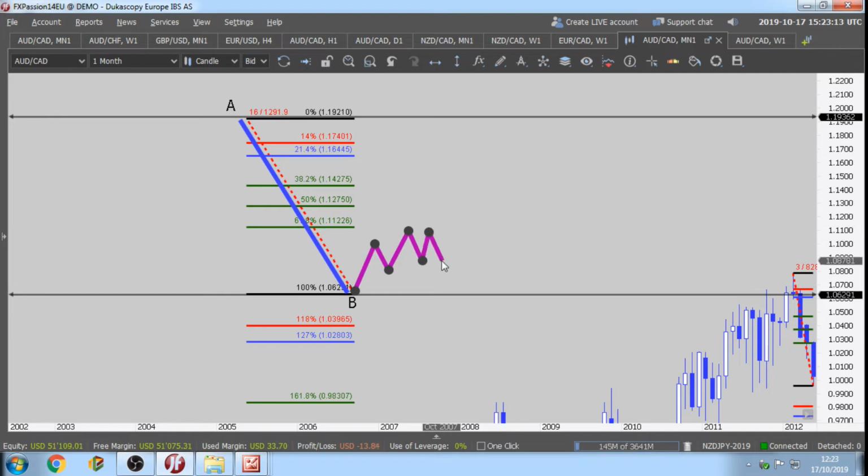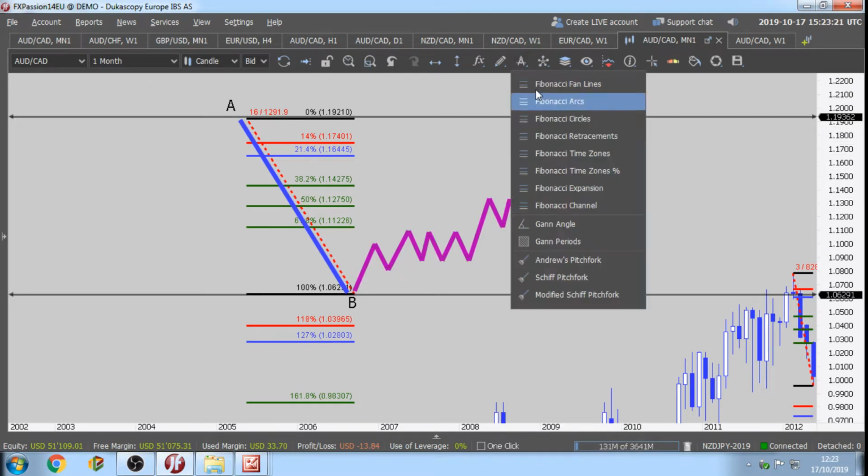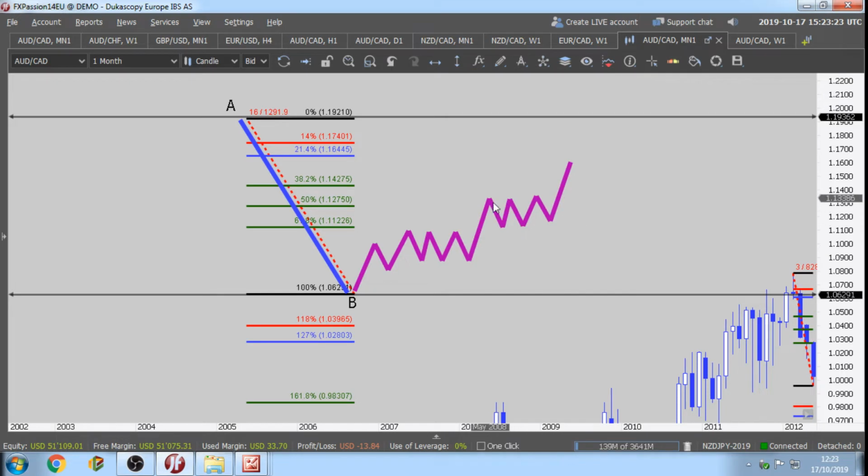Sideways movement, slowly up, sideways movement, slowly up, like this, and you have your contrarian Fibonacci here.